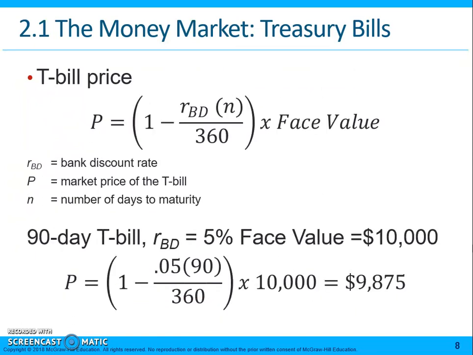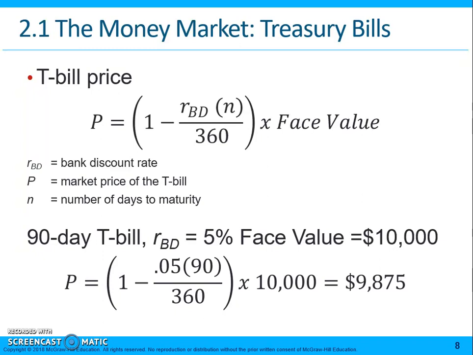We can also calculate the T-bill price. P in this case is equal to 1 minus the bank discount rate times the number of days to maturity divided by 360, and we multiply that by the face value. In the example here, we have the same 90-day T-bill with a 5% bank discount rate and a face value of $10,000.